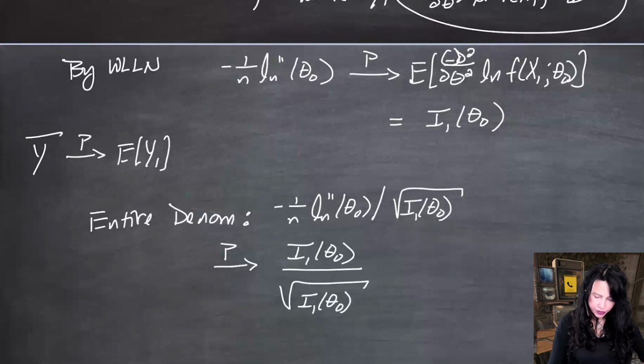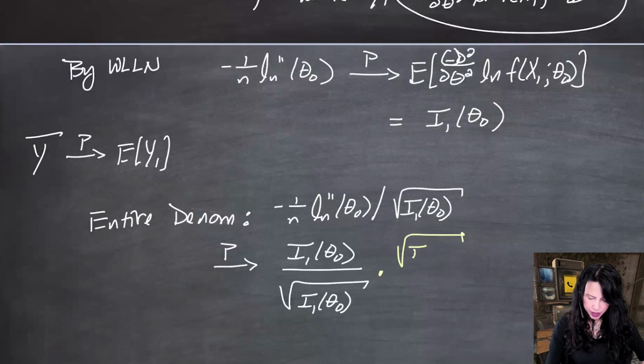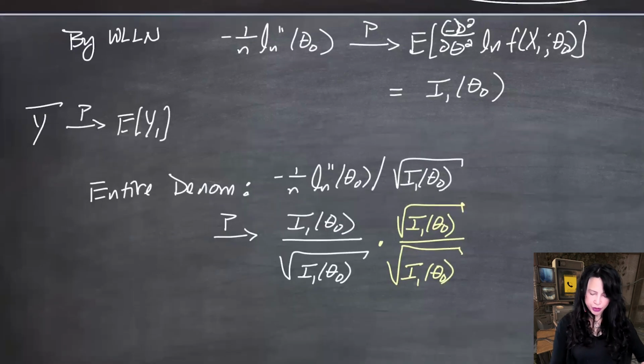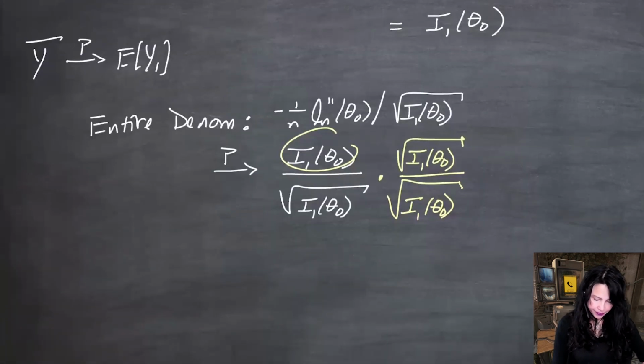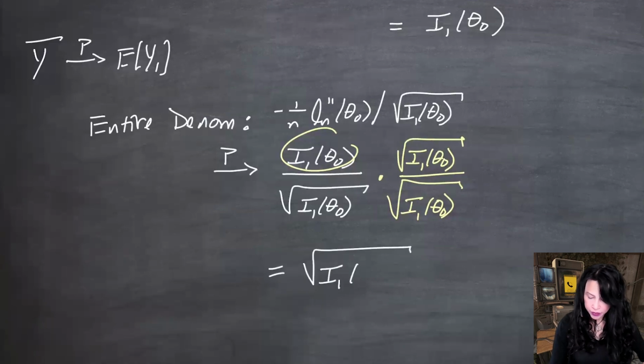And if you multiply by a couple of those square roots, you can make this a little cleaner. On the bottom, we get the one-dimensional Fisher information, which is going to cancel with the top. So this whole thing equals the square root of the one-dimensional Fisher information.